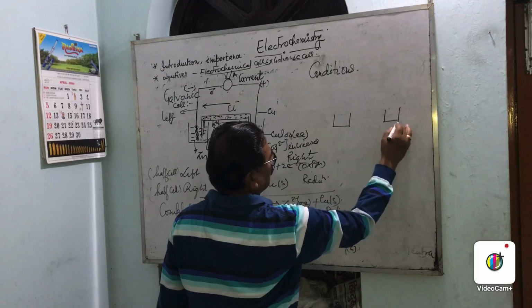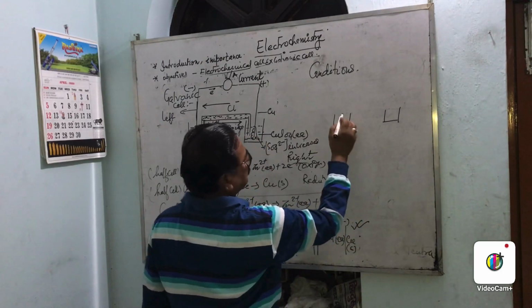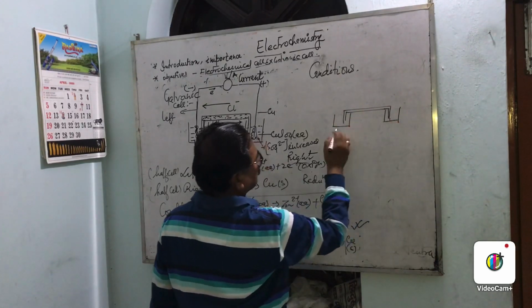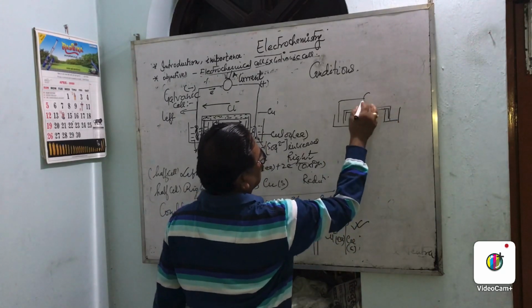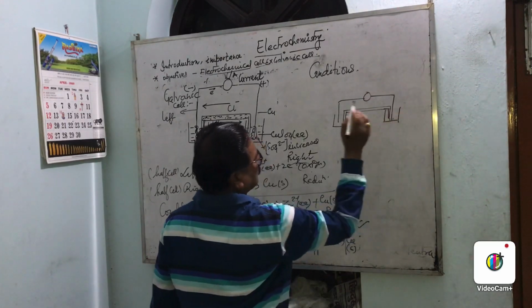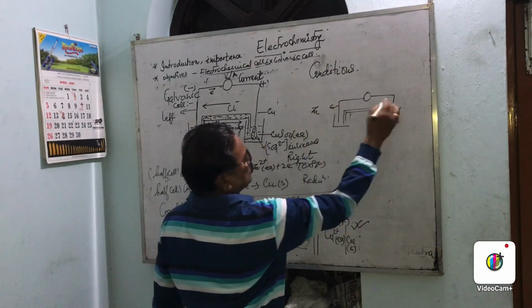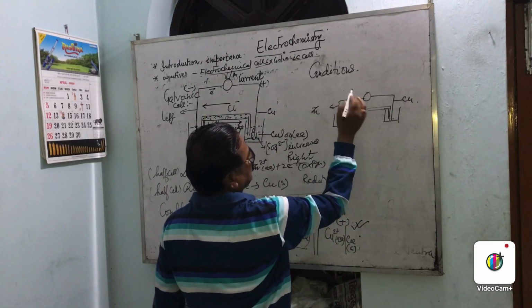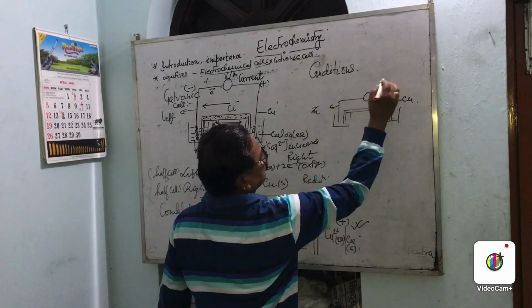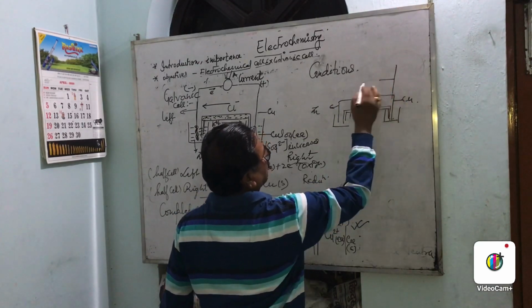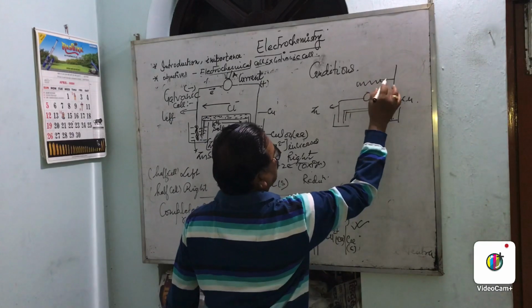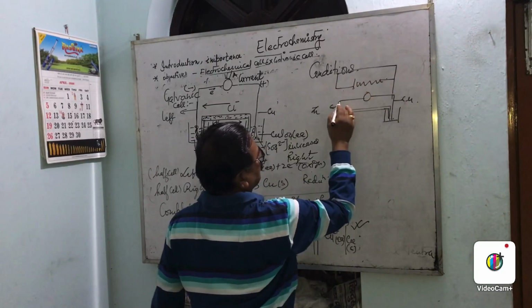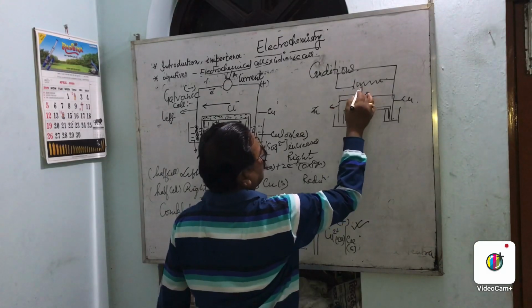In one figure, this is a salt bridge, and this one is connected with a voltmeter. This is a zinc electrode, and this one is a copper electrode. Now this is connected with this one, and an external potential is applied here.